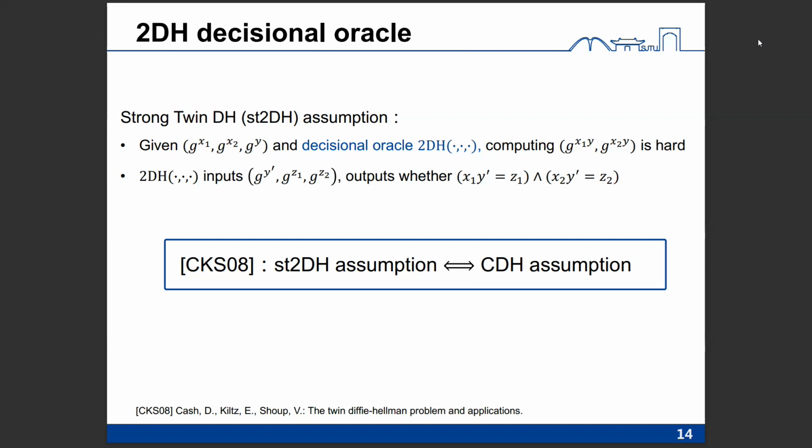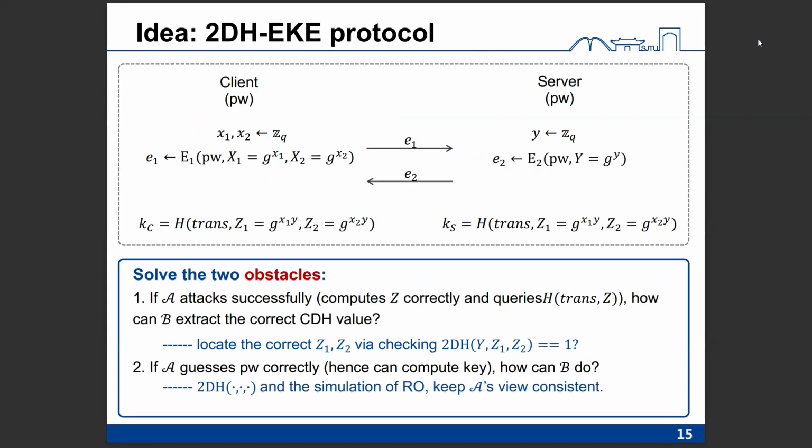Knowing the strong twin-DH assumption, we now design the twin-DH EKE protocol as follows. The client samples x1 and x2 and encrypts g^x1 as well as g^x2 using the password as a symmetric key, obtains E1, and sends it out. The server does similarly. It samples y and encrypts g^y to obtain E2.